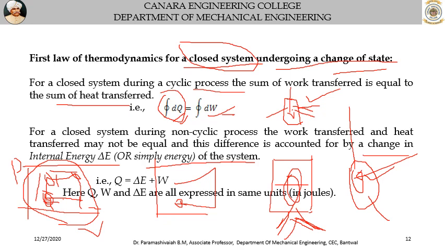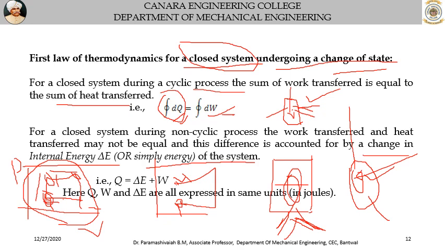So if the beginning and end states are not the same, there is a difference in the energy possessed by the substance at point 1 and at point 4. The difference is nothing but the change in the energy of the system.